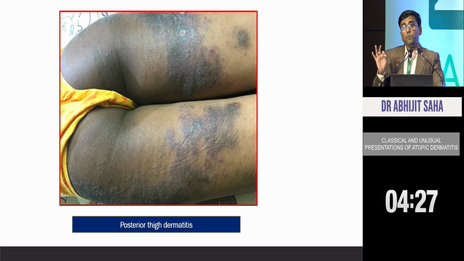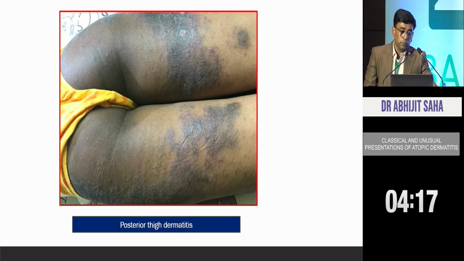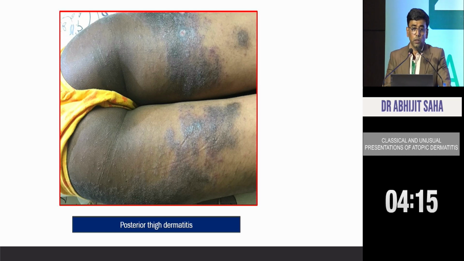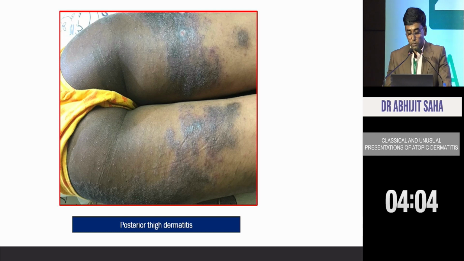By definition, posterior thigh dermatitis is one type of allergic contact dermatitis. But nowadays, we are getting more and more cases of AD patients presenting with this posterior thigh dermatitis. So I don't know whether our moderator sir will continue the debate or not, whether it's really a presentation of AD or a different entity. I leave it to him.